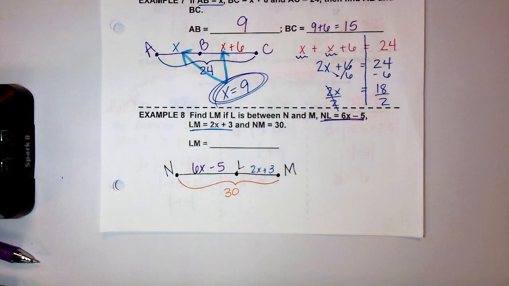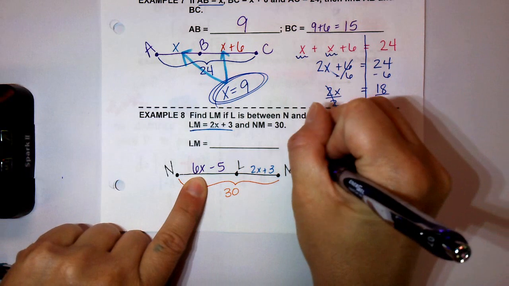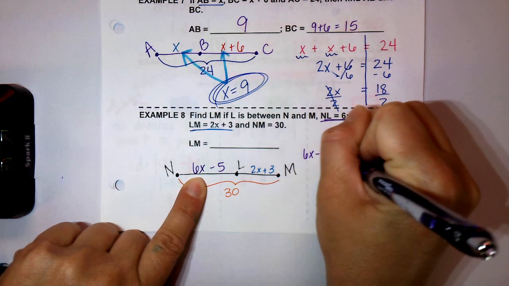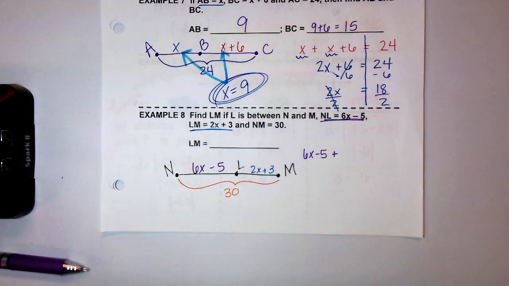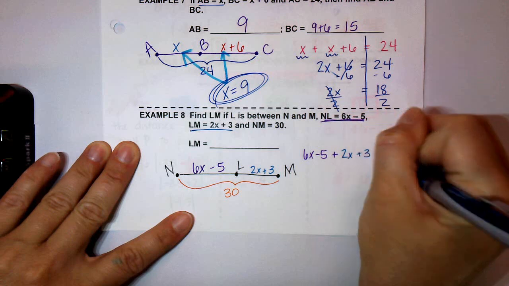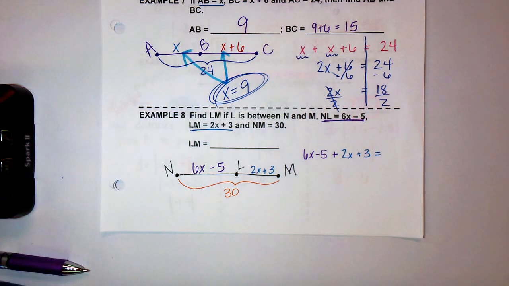Bigger numbers, same process. So take each segment that you want, and I'll color code it for you today. I'm going to take purple, 6x minus 5, and then I'm going to add the blue, 2x plus 3, and it is going to equal the entire length, which is 30, the orange.